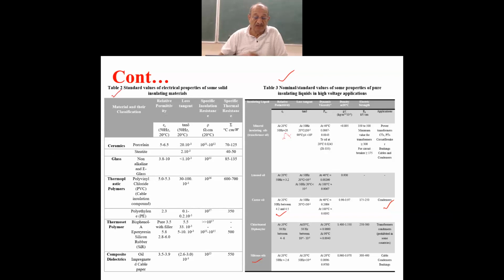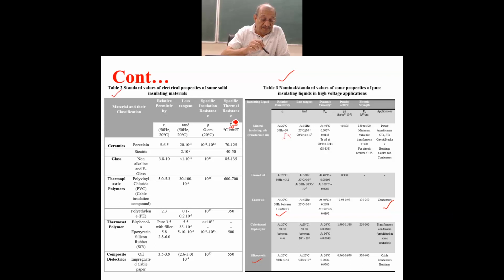Or this should be small sigma, not capital sigma. It should be small sigma. It is sigma for different materials: ceramics, glass, polymers, thermoset.